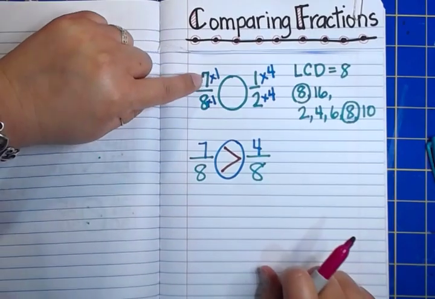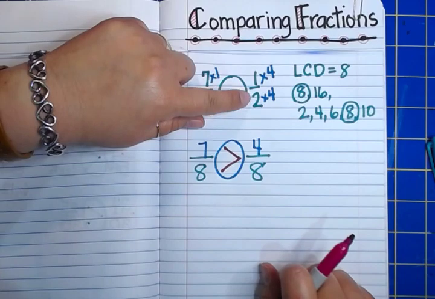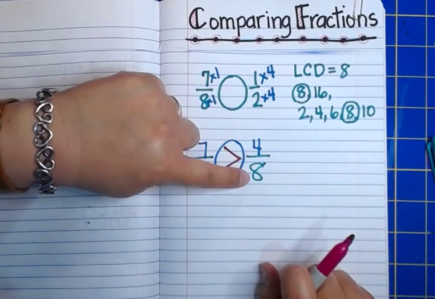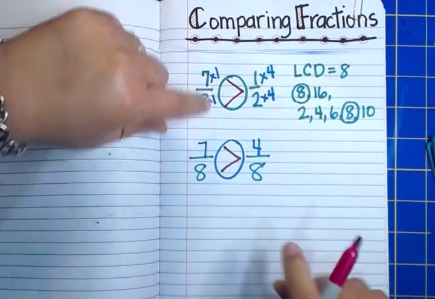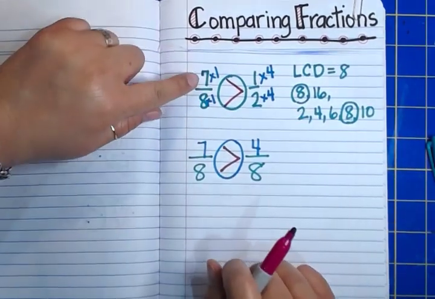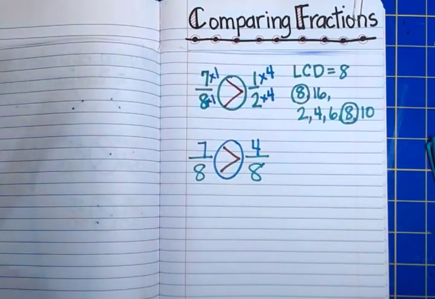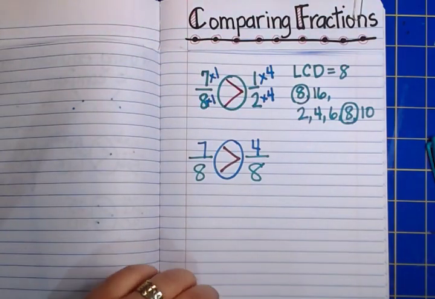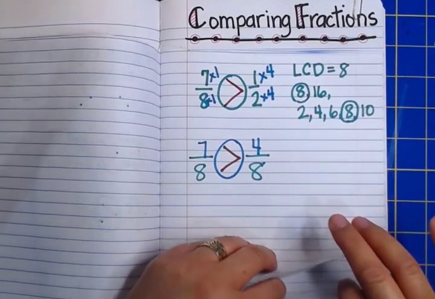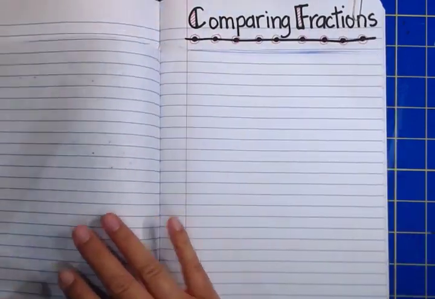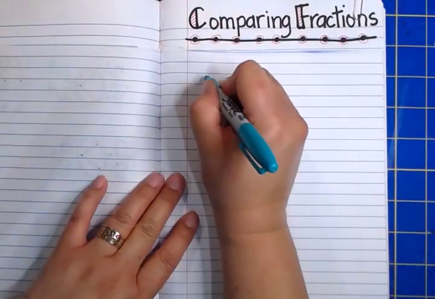Now, because this fraction is equivalent to this one, it's the same one, and 1/2 is equivalent to 4/8, then my symbol up here is the same as this one. 7/8 is greater than 1/2. All right, let's try one more example.